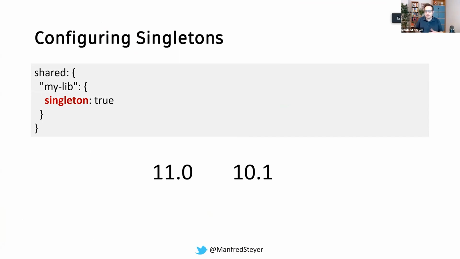As the library is now a singleton, only one version can be loaded, and this will be the highest known one, which is obviously 11, 10 is not loaded. That means this micro frontend here gets version 11 instead of 10.1. Good luck. This might work, but there are no guarantees because it's another major version. No guarantees. If you are lucky, it might work.